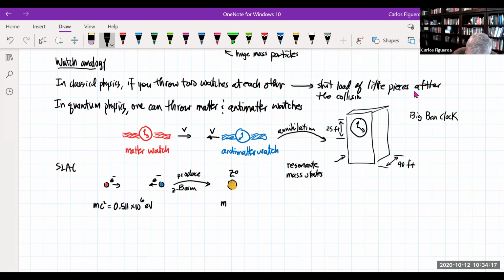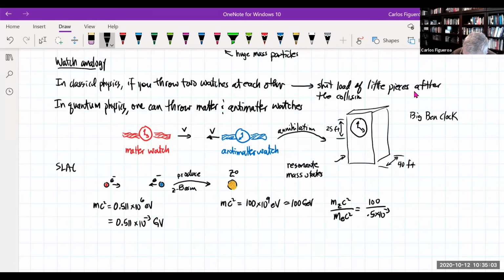When you look at the mass of a Z boson, it's actually about 100 times 10 to the 9 eV. So I can write this as 100 GeV, where giga stands for 10 to the 9, and the electron is 0.511 times 10 to the negative 3 GeV. If I look at the mass of the Z boson to the mass of the electron, you're going to get essentially 100 over 0.5 times 10 to the negative 3.